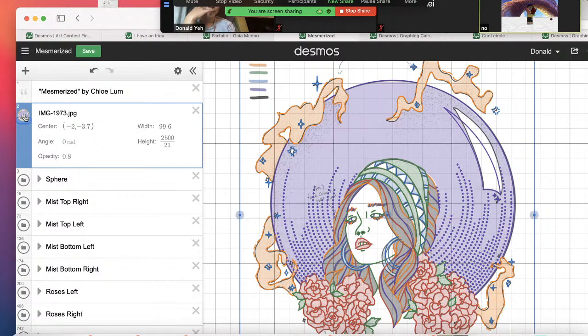The image is she fills in the color, and it's an actual image. This is an actual image file, so it's not a drawing.